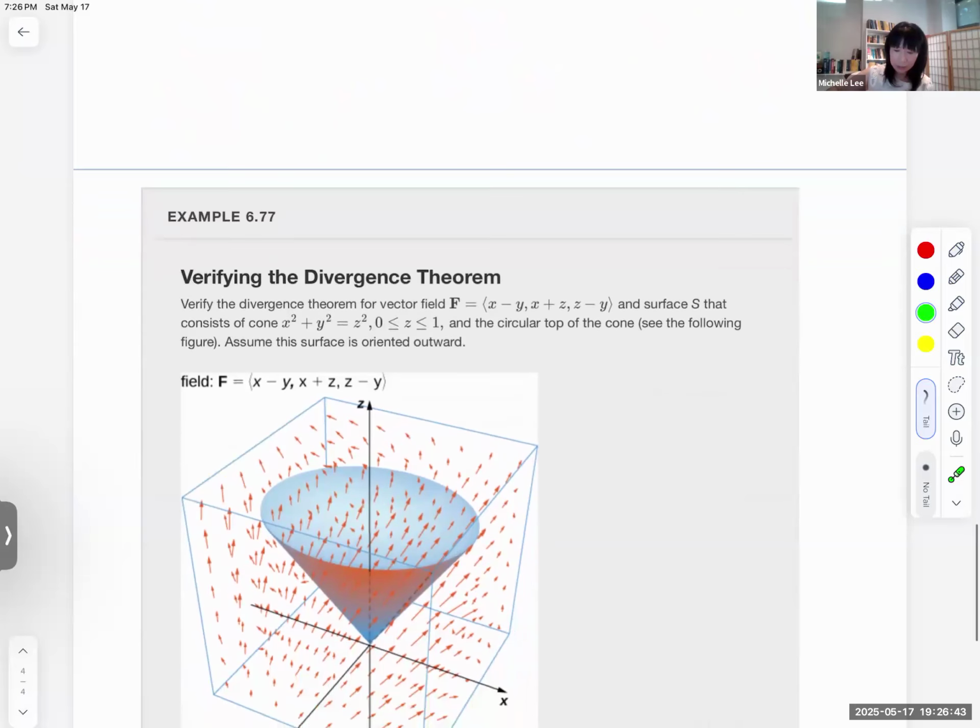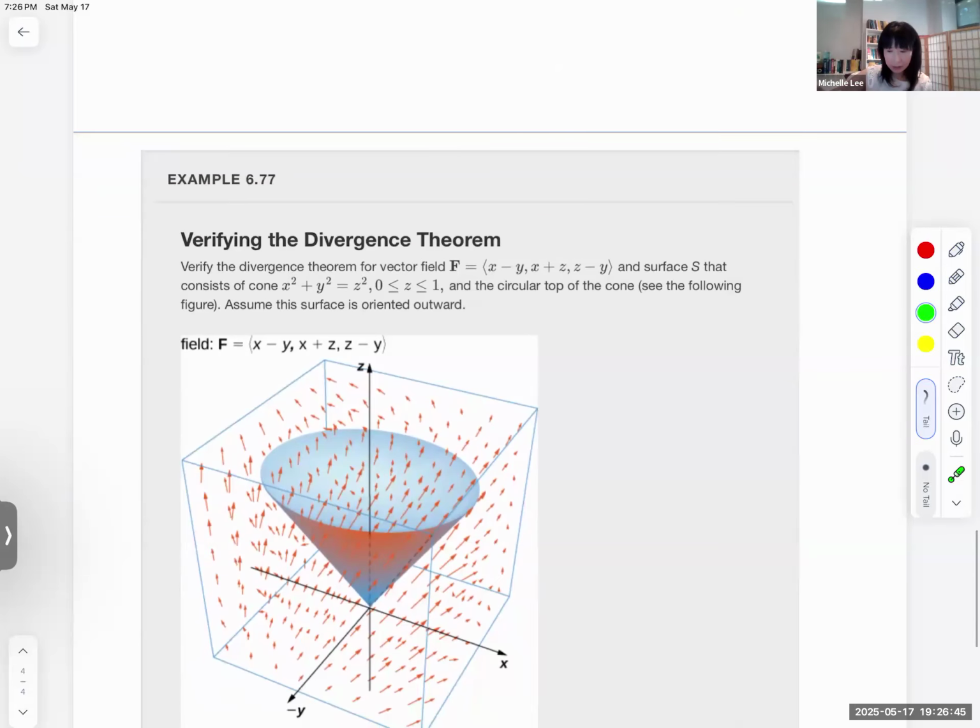So we have a vector field and surface S that consists of the cone x squared plus y squared equals z squared, with z from 0 to 1, that's the height, and the circular top of the cone. Assume this surface is oriented outward.